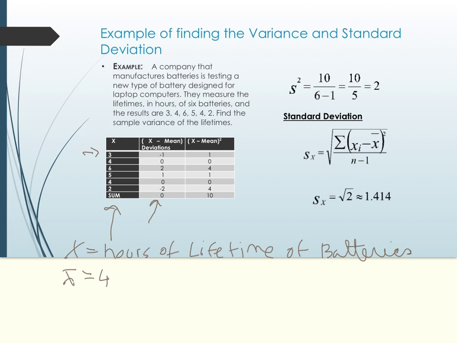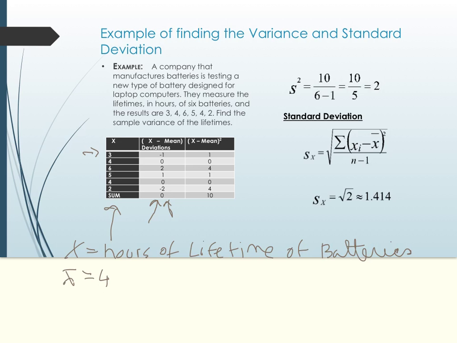So 4 minus 4 is 0. For 6, the deviation is 2. For 5, the deviation is 1. For 4, again, it's 0. And for 2, it's -2. It's 2 below the mean. So when we sum up the deviations, you will notice it is 0, which is not very useful for measuring spread.